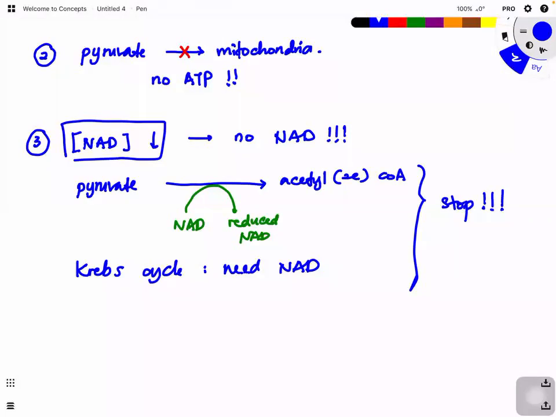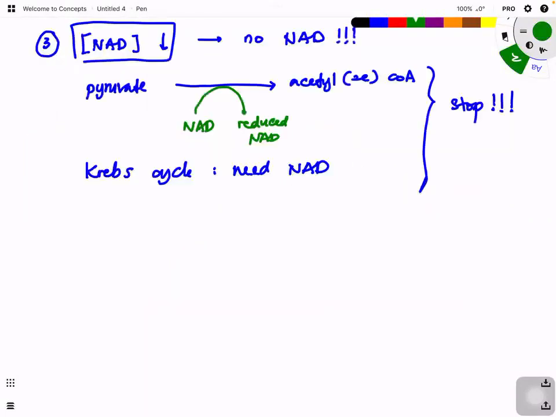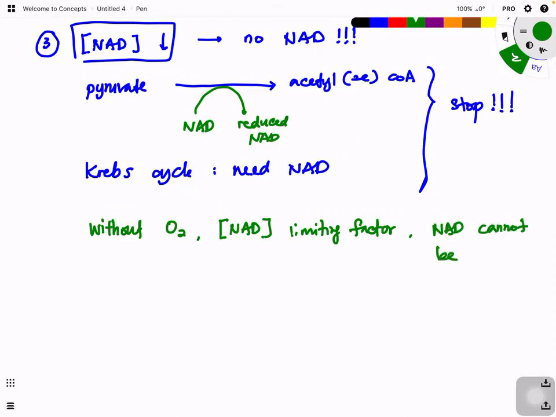So without O2, the concentration of NAD becomes a limiting factor. Why? Because NAD cannot be generated.